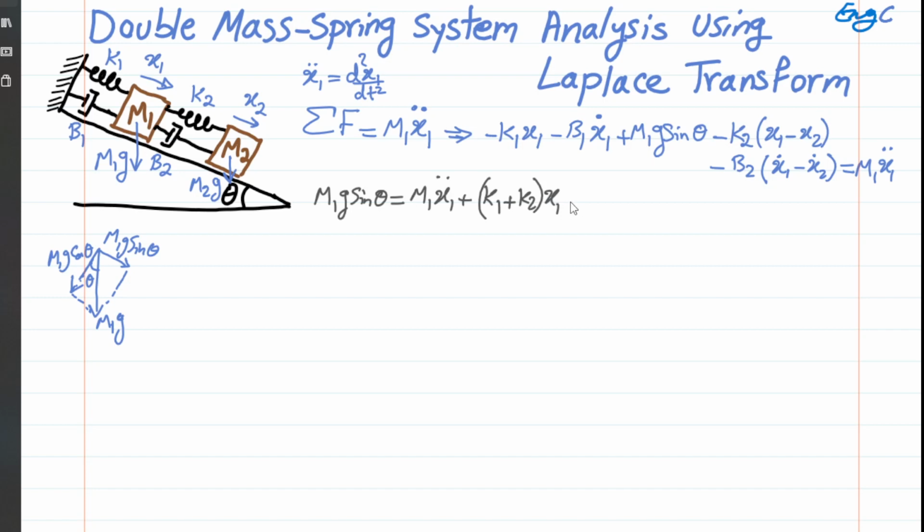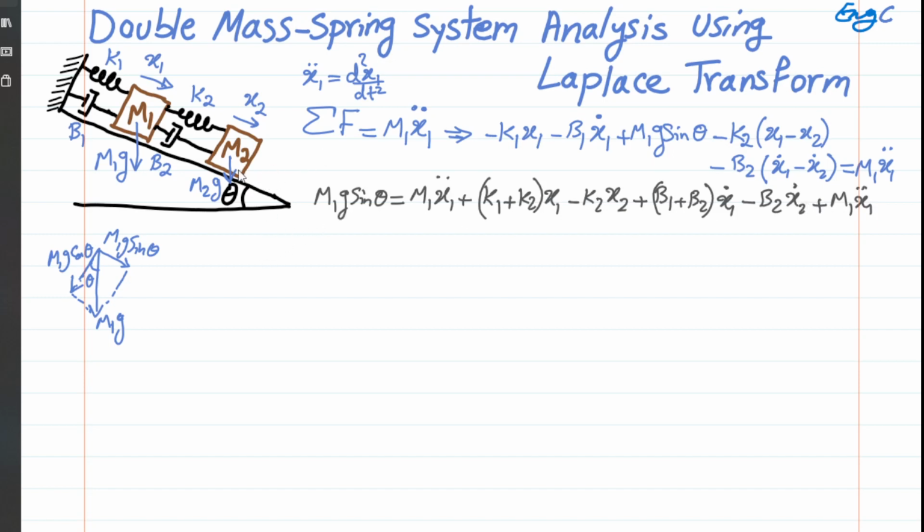I have minus k2 x2, and I have b1 x1 dot, that's the speed, and I missed b2 as well here. So it's b1 plus b2 times x1 dot, first derivative with respect to time, and then minus b2 x2 dot, and plus m1 x1 dot dot, the second derivative. So let's keep this as equation number 1.